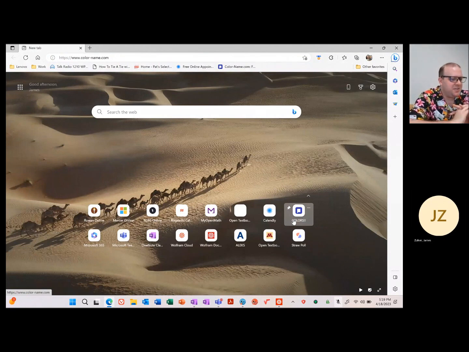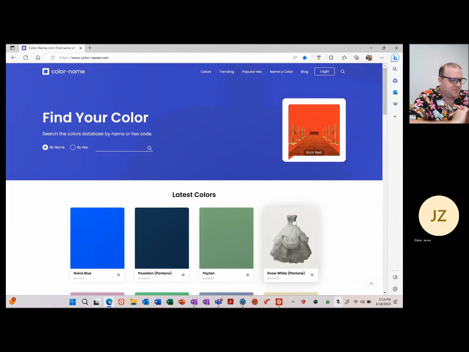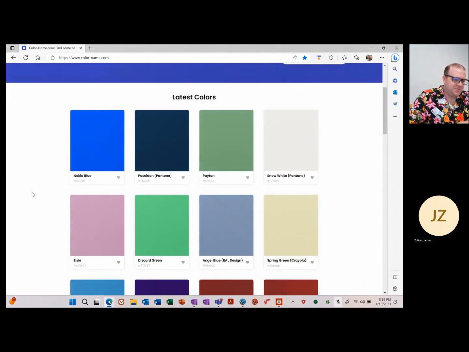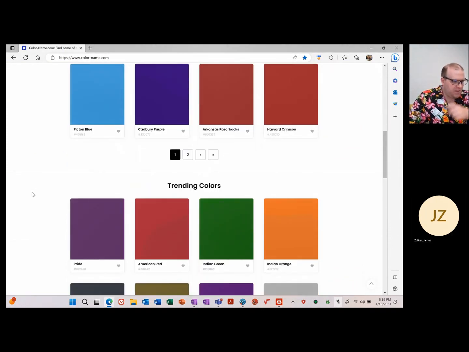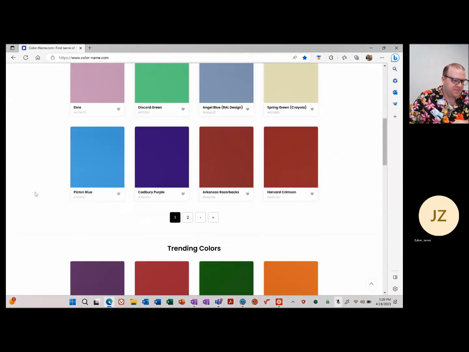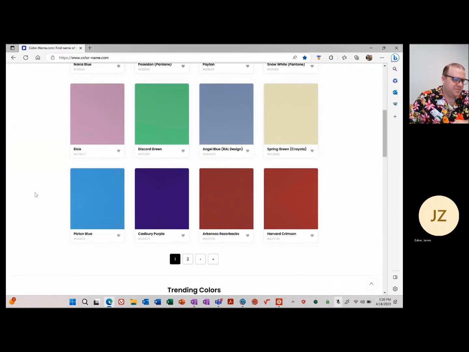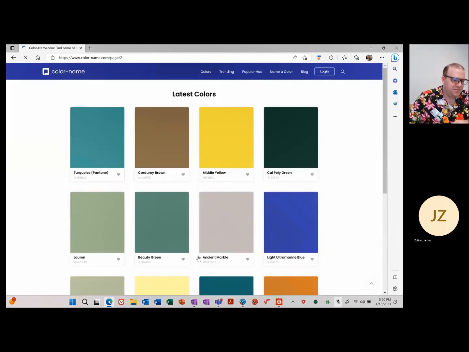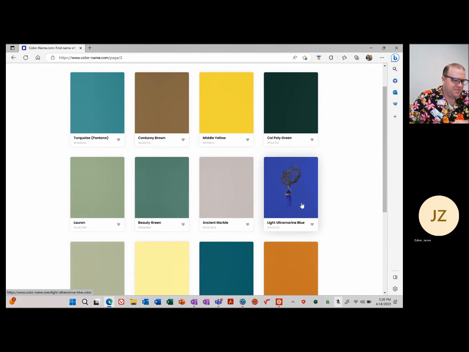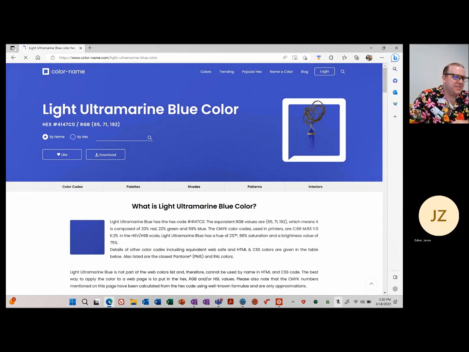Let's see what we've got. It's been a couple weeks. See if they've updated it. No, it doesn't look like they've updated it. All right, what's trending? Same stuff. Let's go to page 2. Oh, these are better. Light ultramarine blue.